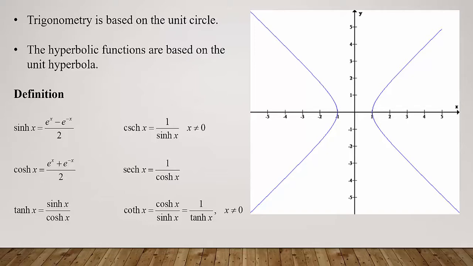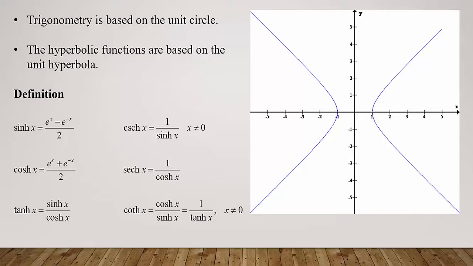So here's what I would say definition-wise. I would like you to know the definition of hyperbolic sine, and I would like you to know the definition of hyperbolic cosine. Then everything else here is free. The hyperbolic tangent, knowing that it's hyperbolic sine over hyperbolic cosine, that is free.